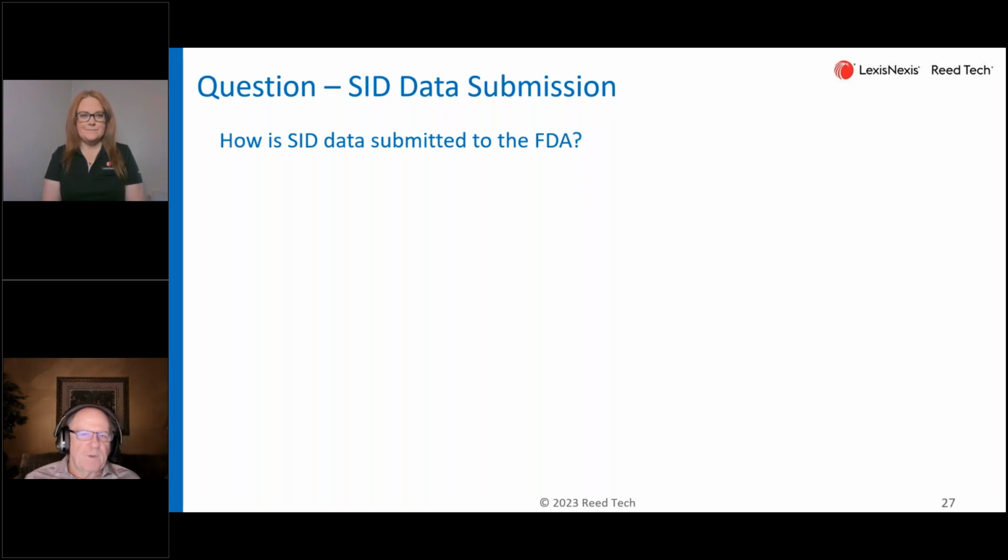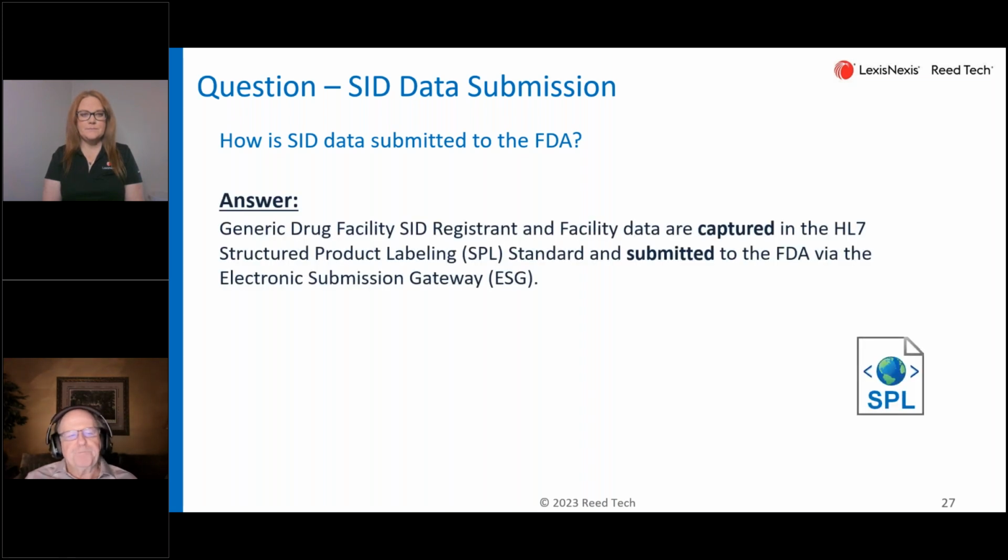Those that have been familiar with prescription drugs over the years are familiar with that HL7 standard, referred to as structured product labeling, this SPL standard. So there are guidance documents to fill in this particular data that we just looked at into that SPL standard.